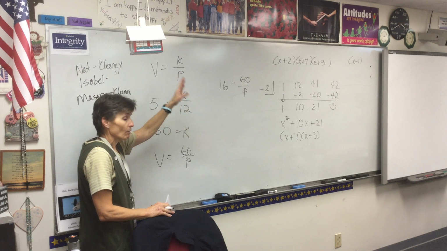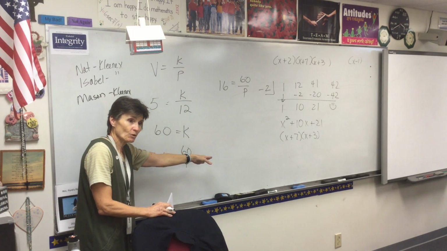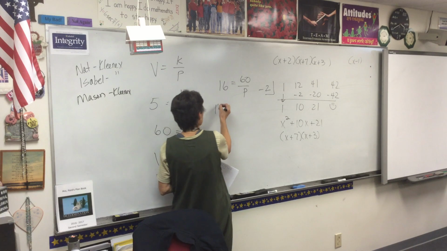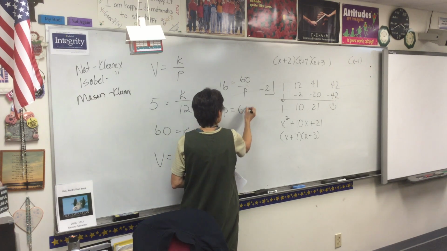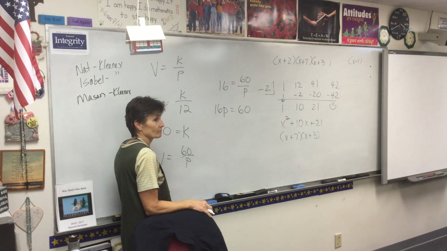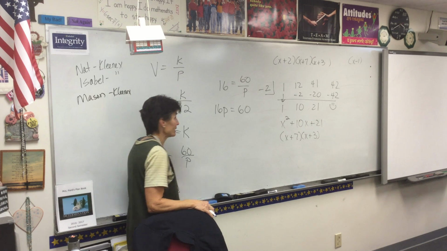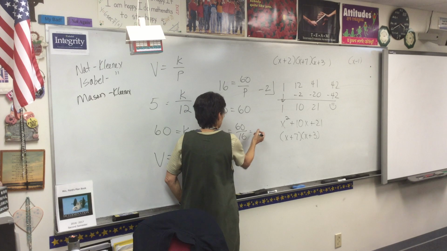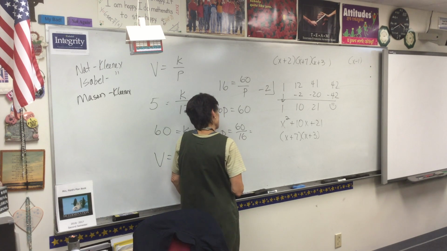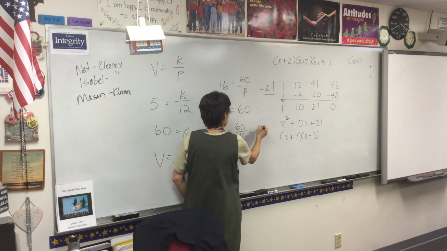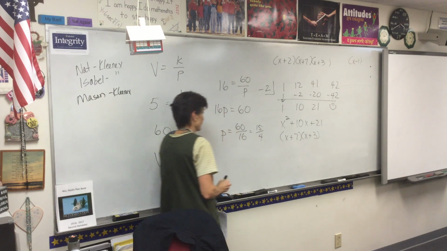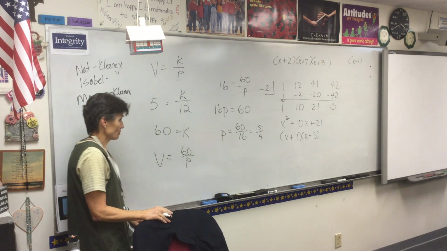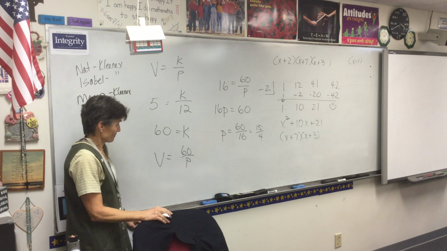Now, get rid of the fraction first. So multiply both sides by P. And then divide by 16. So you can type that in your calculator. You can also reduce that. 15/4, which is what, 3.75?